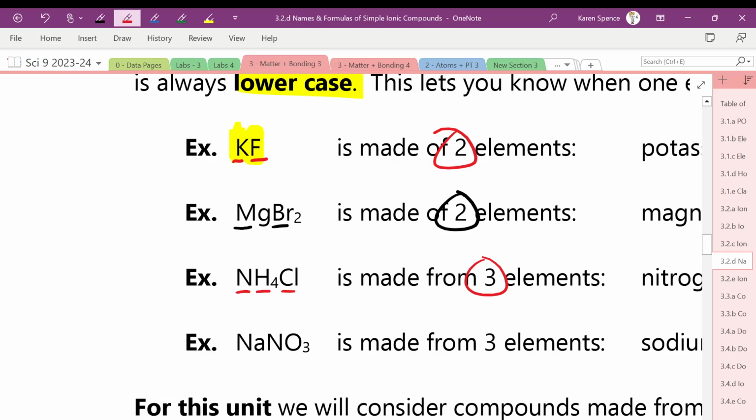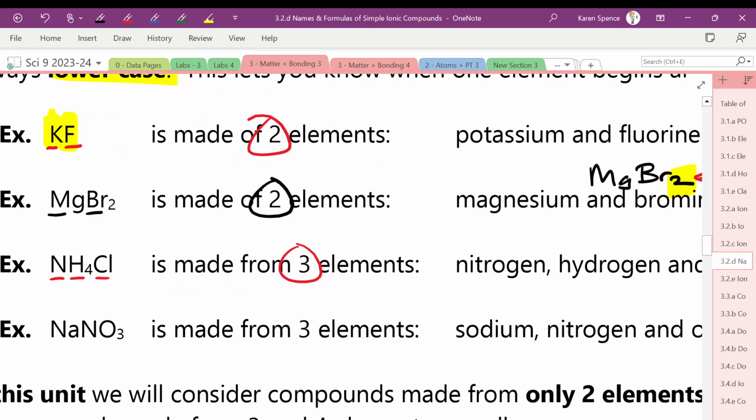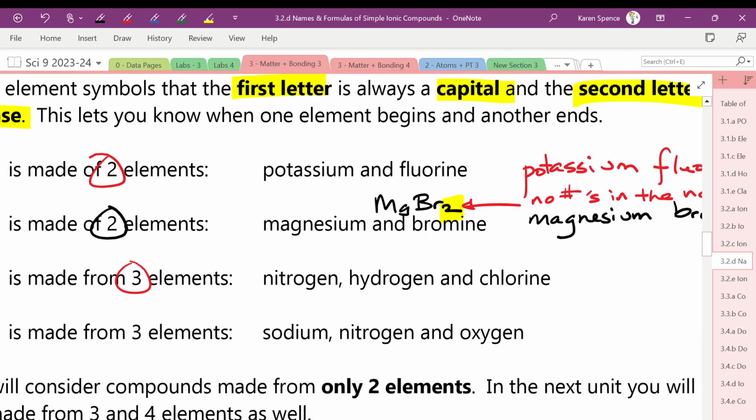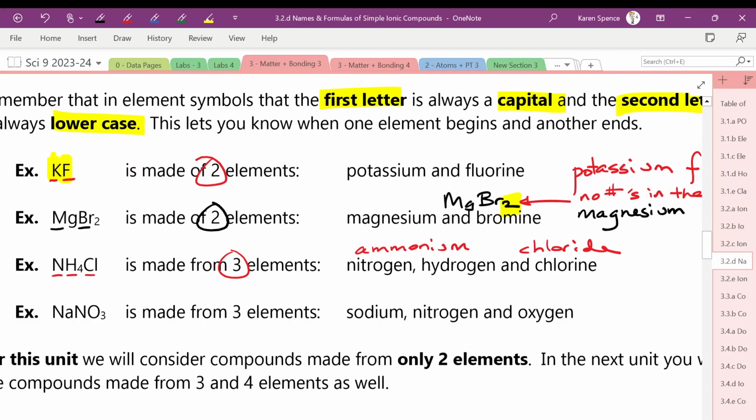It must be Cl. If you're interested, the nitrogen and the hydrogen together make ammonium chloride, but you wouldn't be expected to know that yet. So don't write it down unless you like that kind of thing. Because you're not expected to know that.